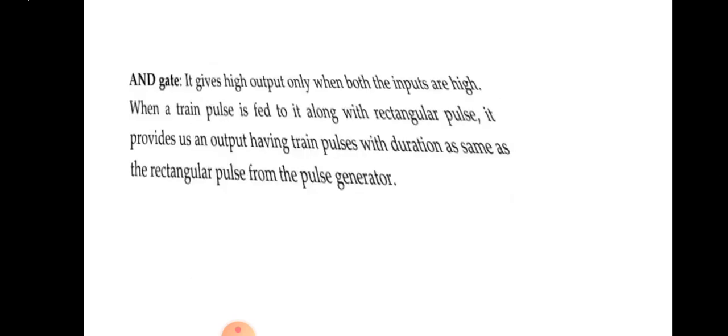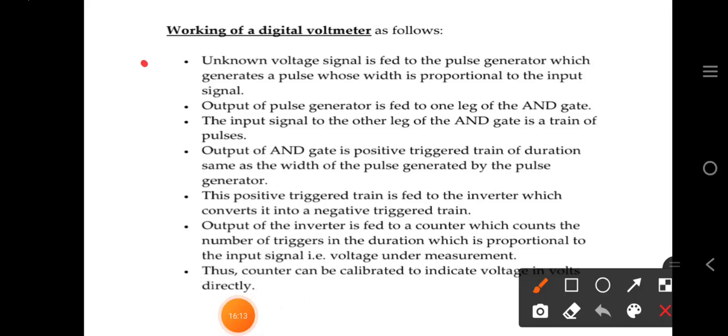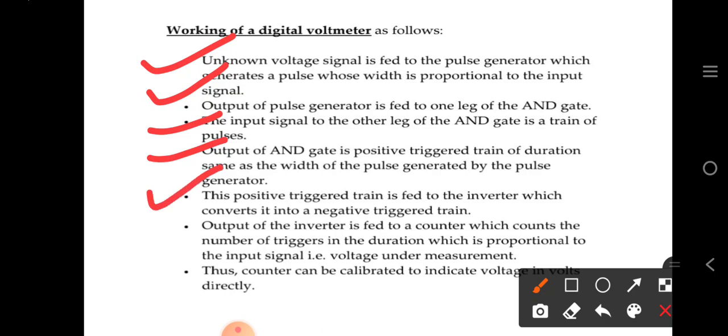The fourth point says the output of the AND gate is a positive triggered train of duration the same as the width of the pulse generated by the pulse generator. The next point is that this positive triggered train is fed to the inverter, which converts it into a negative triggered train.